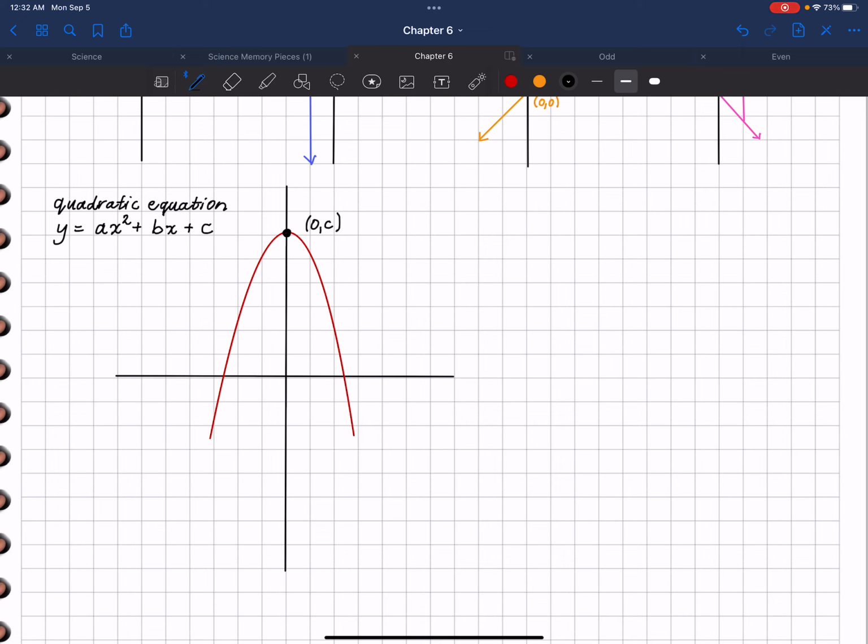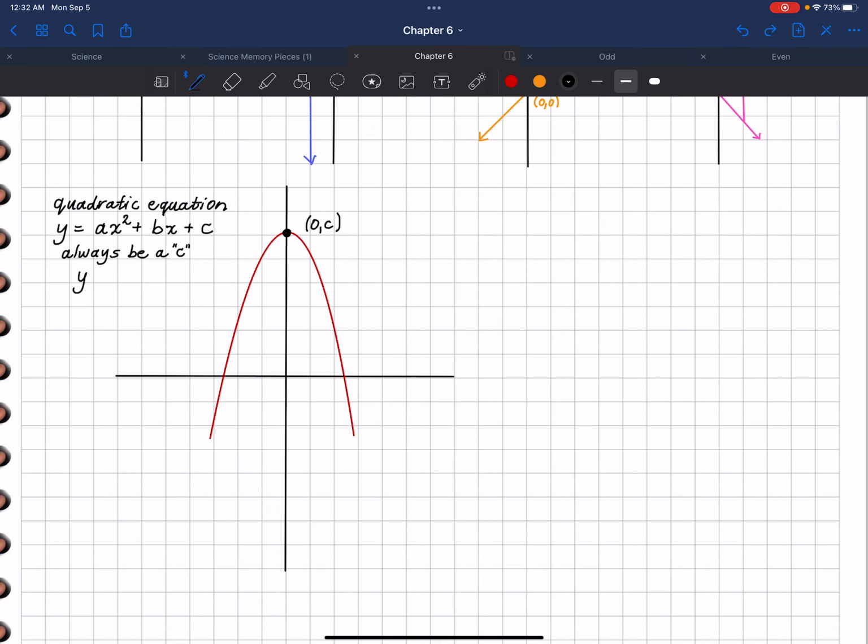And the thing that's true about a quadratic equation is there will always be a c. It may be 0, but you'll always have one.